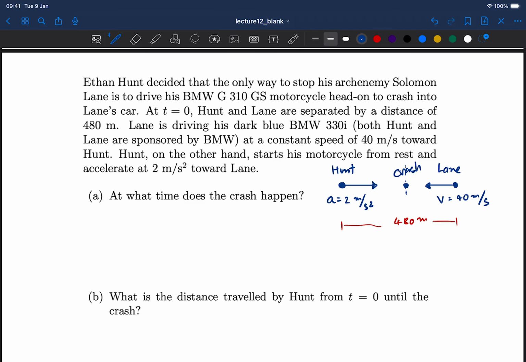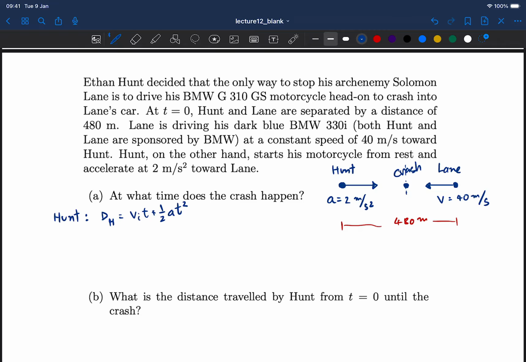So I can write the equation for Hunt, which is with acceleration. The distance or the displacement that Hunt acquires for any given time, because it's accelerating, is going to be v_i t plus 1/2 a t squared.